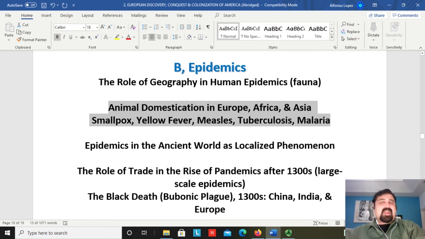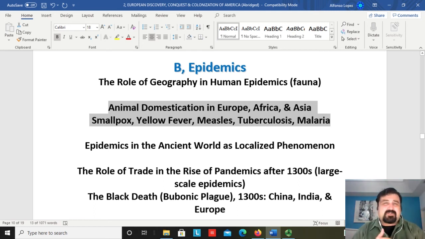The same happened in Africa, the same happened in Asia. There are certain species of animals over there, like cattle, horses, pigs, hens, that people had domesticated from the wild and brought to live close to them. And that had generated human epidemics for literally thousands of years.